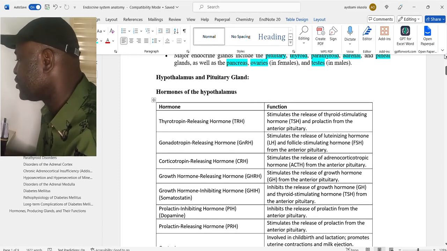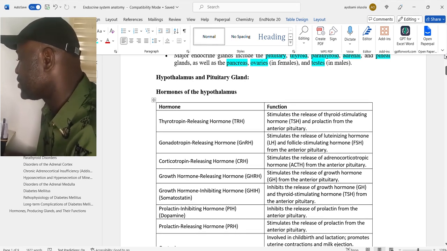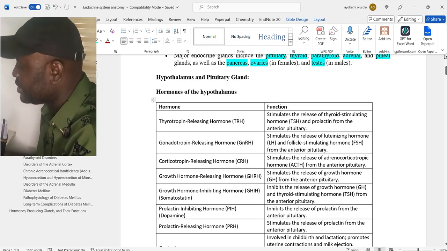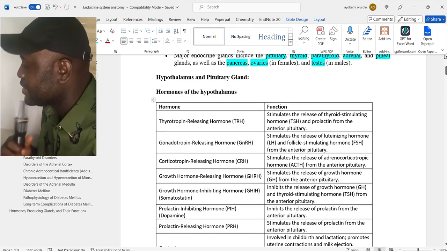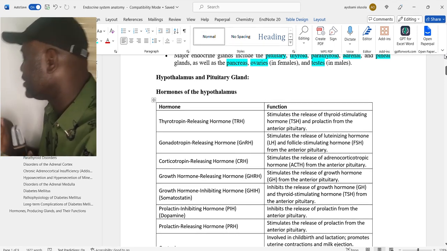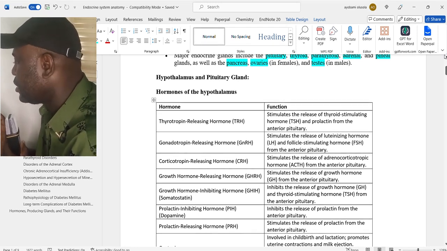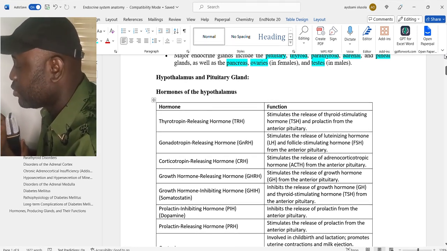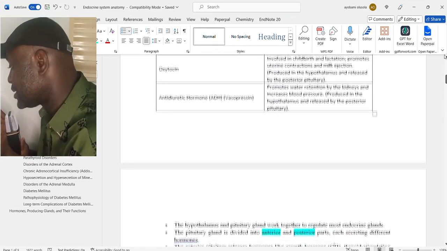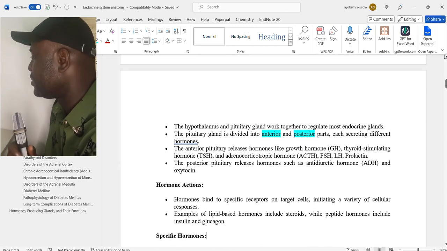Then for the adrenocorticotropic hormone produced by the anterior pituitary, the hypothalamus has to release the corticotropin releasing hormone before ACTH will be released by the anterior pituitary gland. Growth hormone inhibiting hormone is also known as somatostatin, and prolactin inhibiting hormone is also known as dopamine.